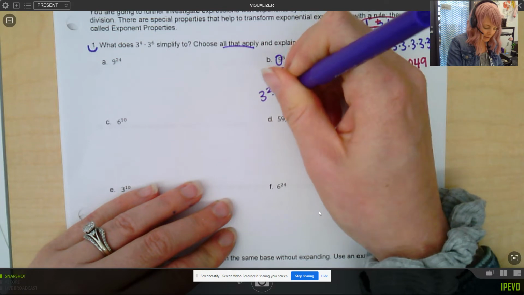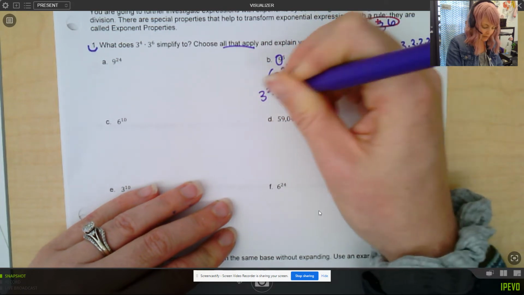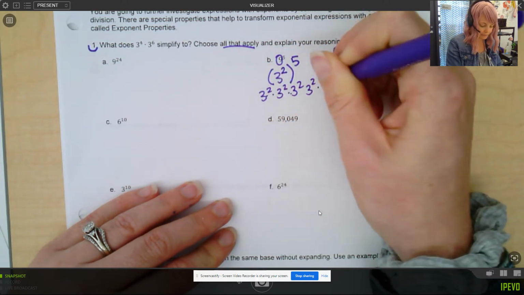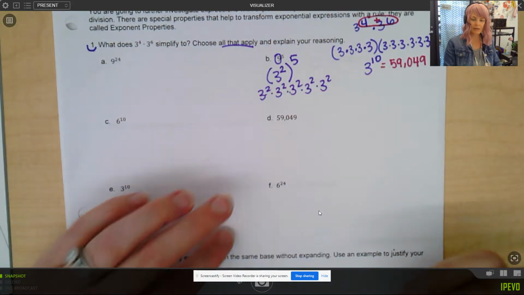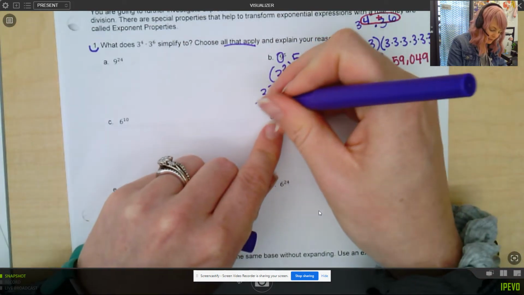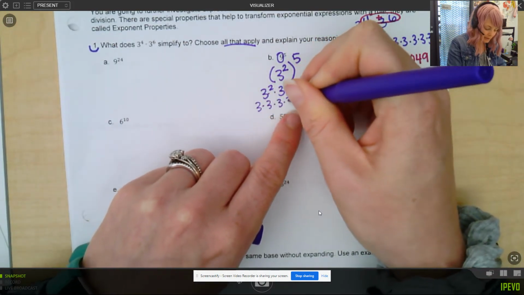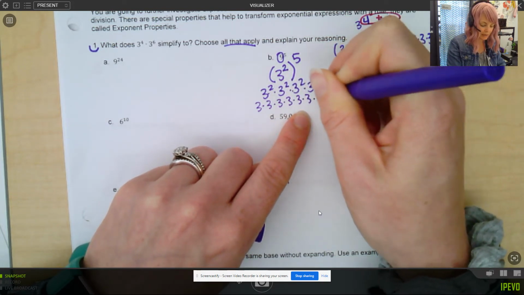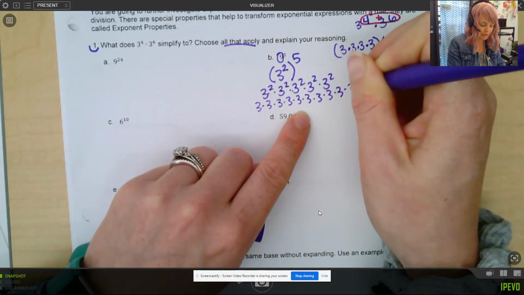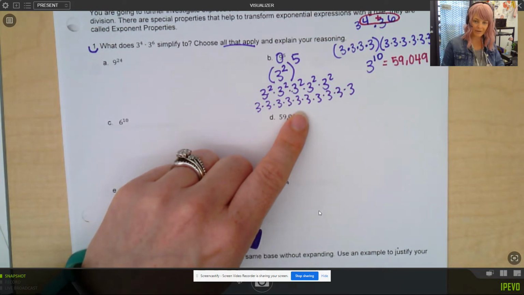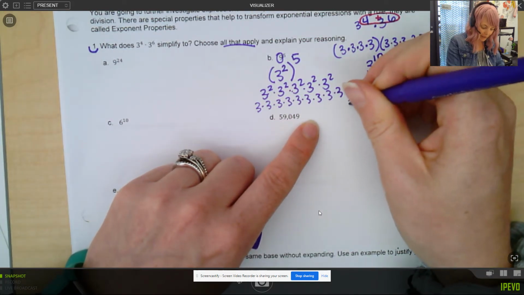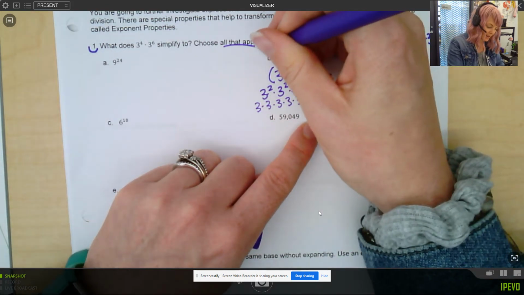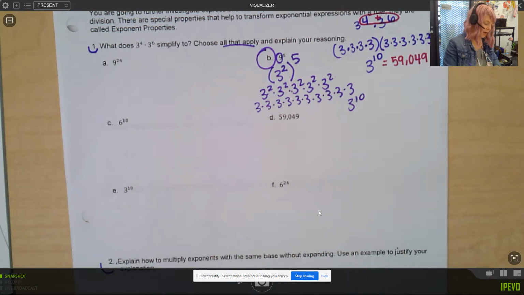This is 3 squared times 3 squared times 3 squared, 1, 2, 3, 4, 5 times. That's 3 times 3 times 3 times 3 times 3 times 3 times 3 times 3 times 3 times 3. How many factors of 3 are there? There are 10. This is 3 to the 10th power. So we know B is definitely equivalent.